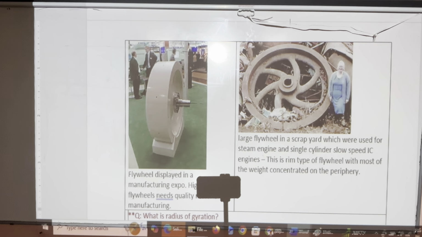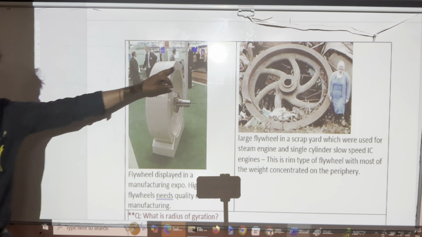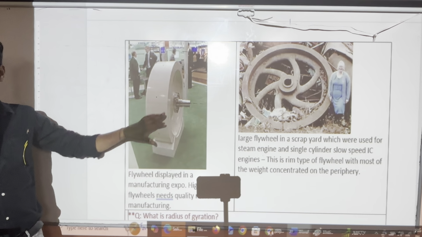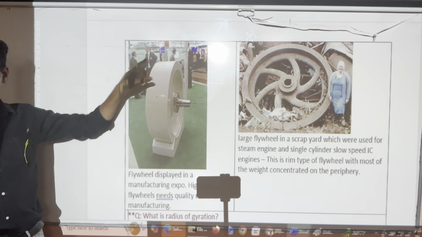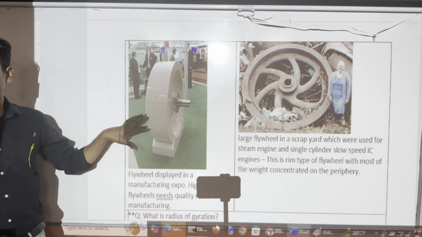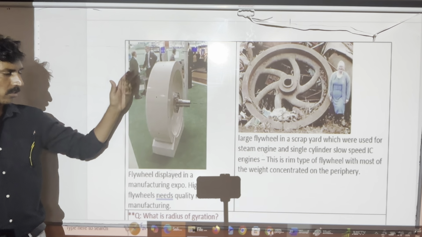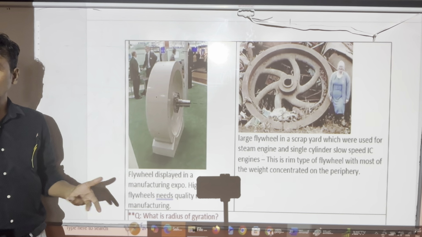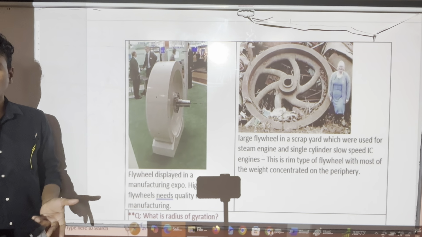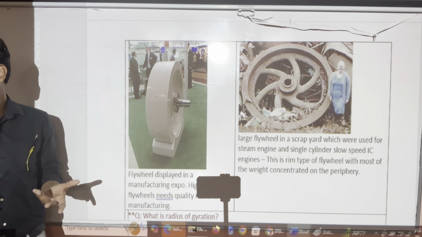Guys, here a flywheel looks like a simple disc, and if you look at these two guys, you can imagine the size. Maybe it is an expo where they're trying to sell a flywheel. You may think, what is there in a flywheel? That's just a disc.